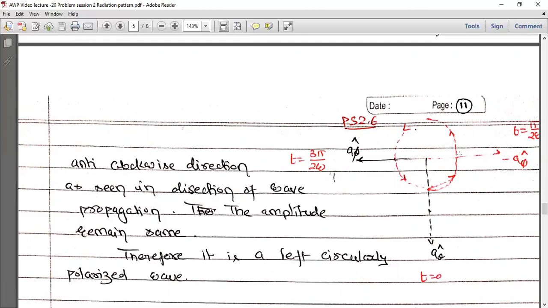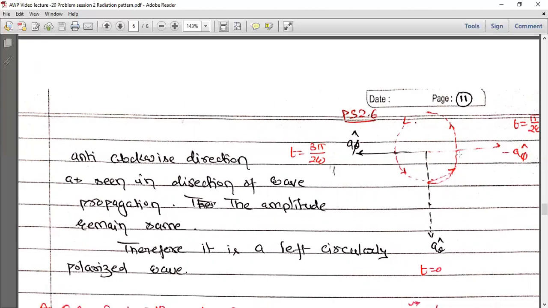But a circularly polarized wave can be of two types: right circularly polarized or left circularly polarized. When the electric field vector is rotating in the anti-clockwise direction, it is known as left circularly polarized, and therefore this is a left circularly polarized wave.